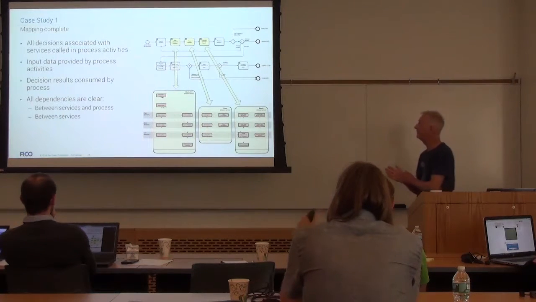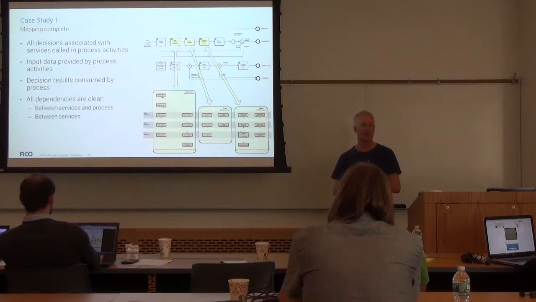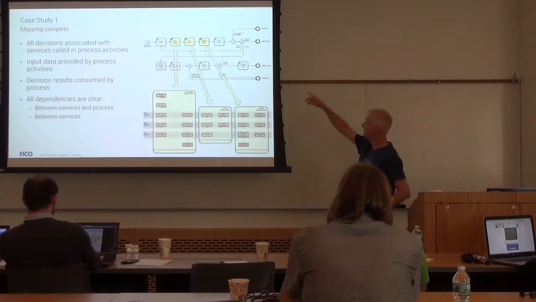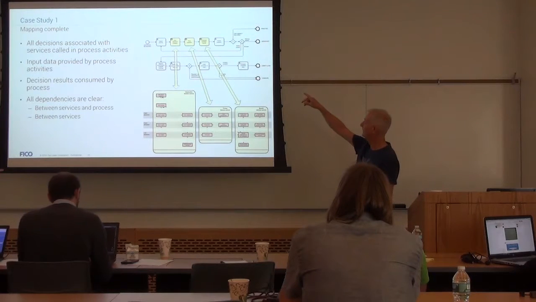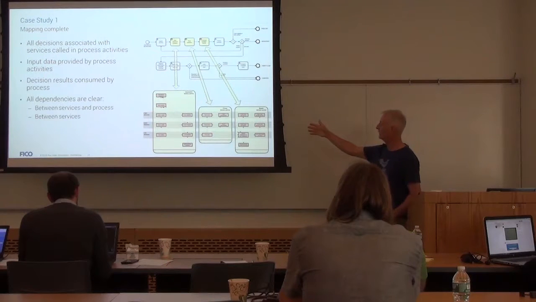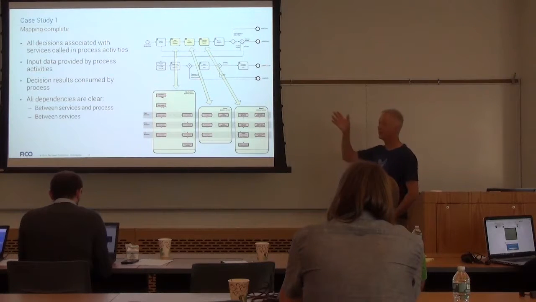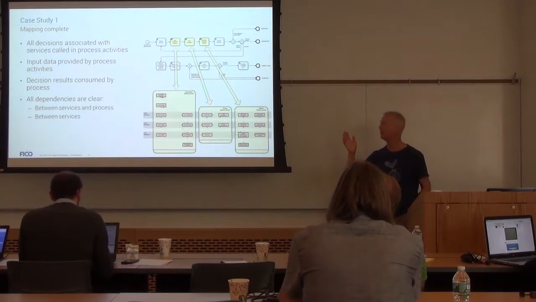So finally, we have our business process model and our decision model, and we have a mapping between them. So each decision point in the process is an activity which is directly mapped to one of these services. It is a call to the service. All the inputs that have been provided in that call are collected in particular named activities on the process.